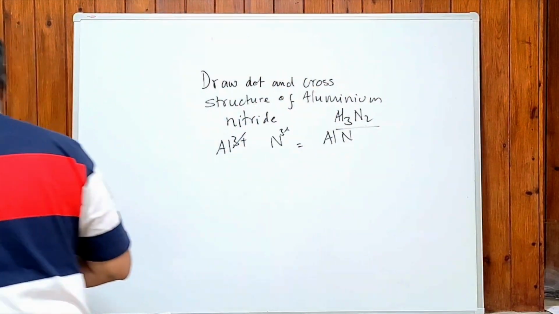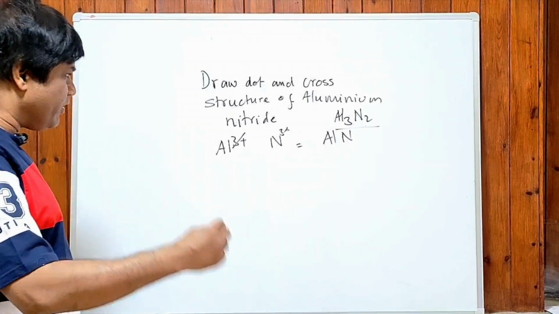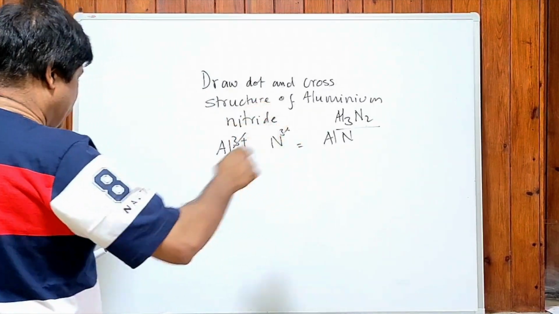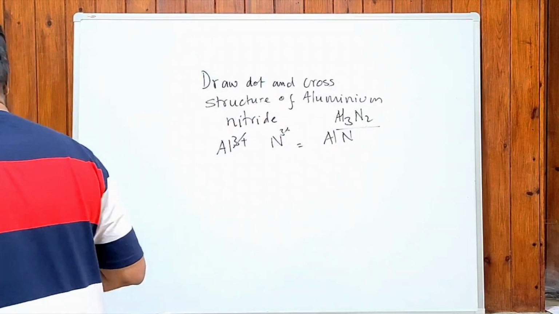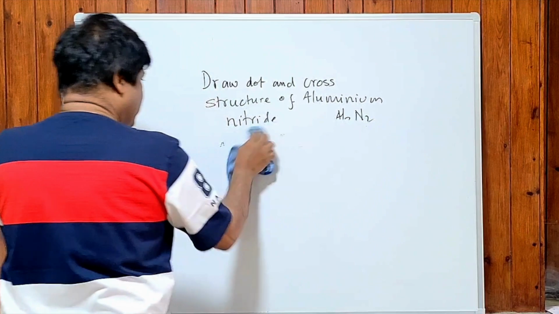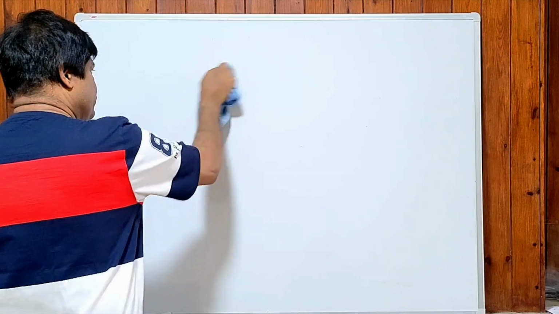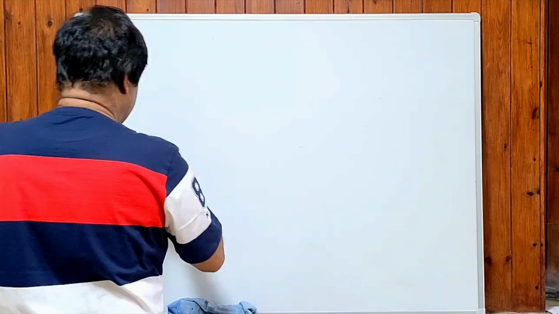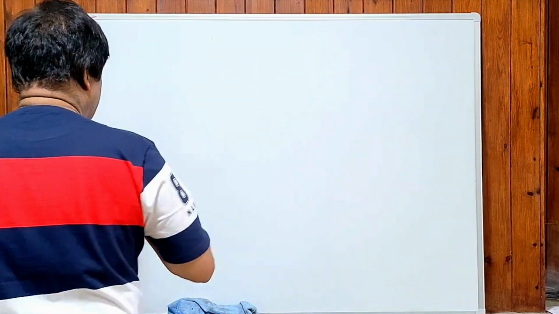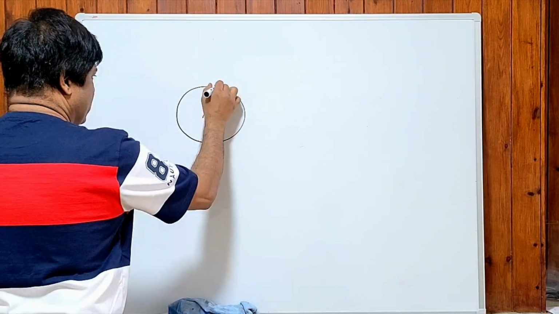Now, can you try the dot and cross structure of aluminium nitride? Aluminium will give away 3 electrons and nitrogen will gain 3 electrons. That's why it is AlN. Aluminium is from period 3, group 3, so it gives away 3 electrons. Group 3, so 1 aluminium is enough. It has 3 electrons in the outer shell.